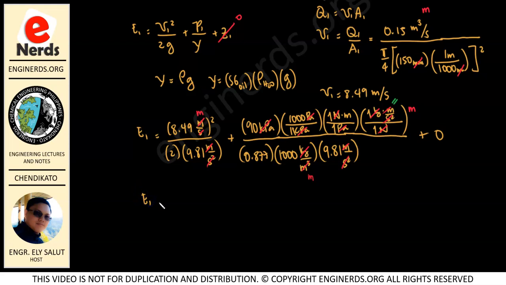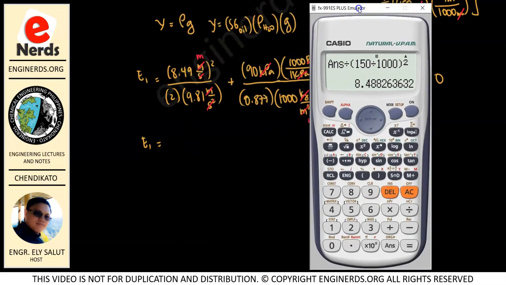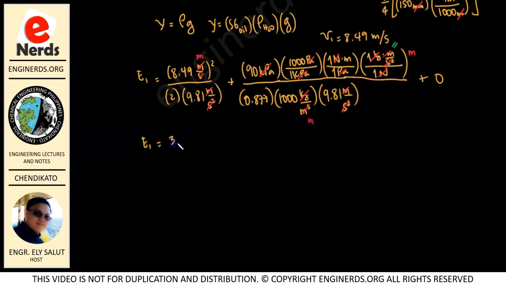So, our E1 is equal to, para maging madali, unahin natin to, no? Okay, so we have here 8.49 squared divided by 2 and divided by 9.81. So we have here 3.67 meters.